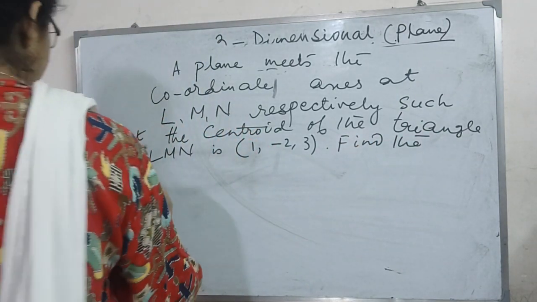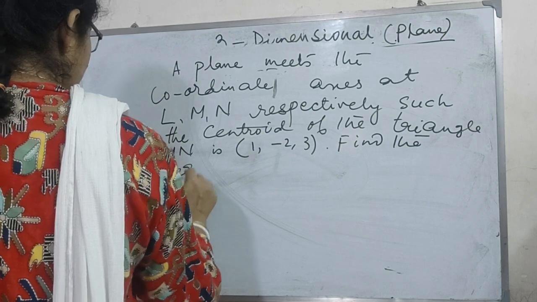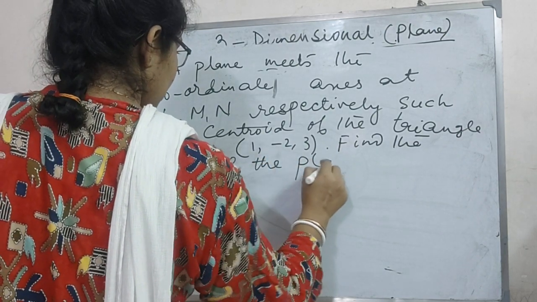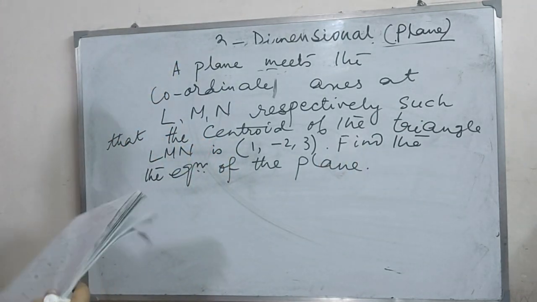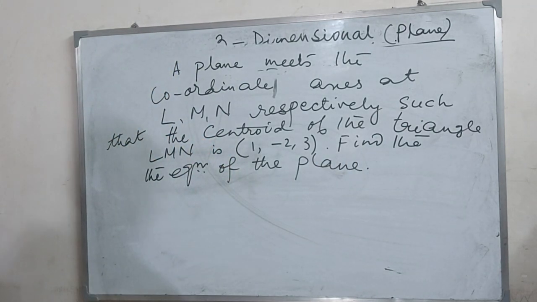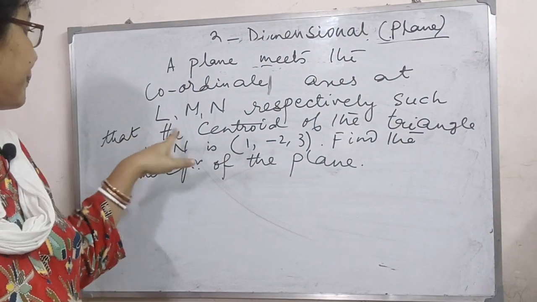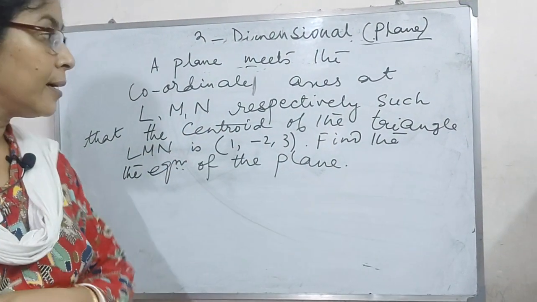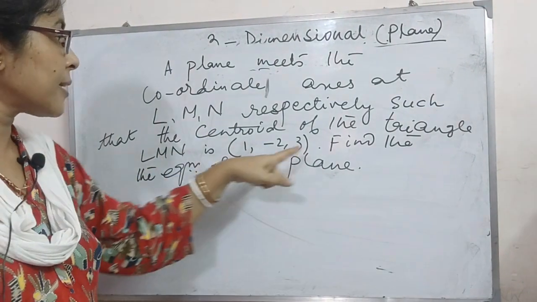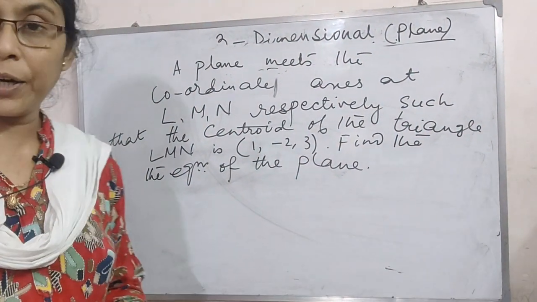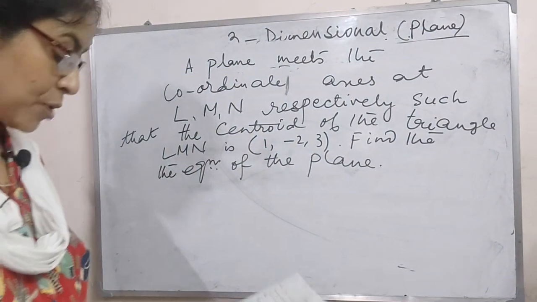Find the equation of the plane. The given question is that the plane meets the coordinate axes at L, M, N such that the centroid of the triangle LMN is this. Find the equation of the plane.